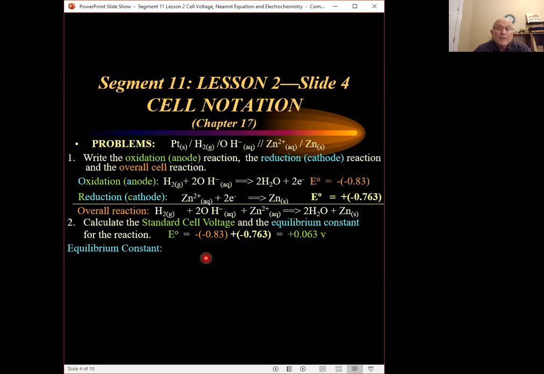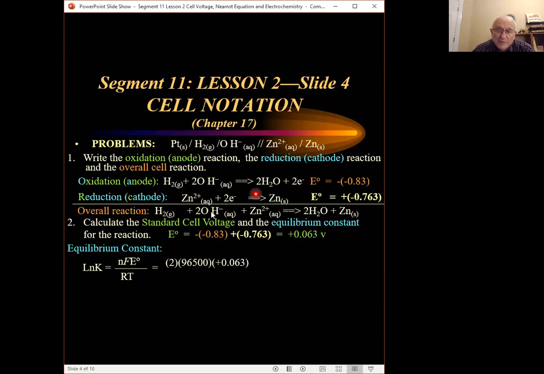Okay. Now, we can calculate the equilibrium constant for this reaction because we know these values. The log of the equilibrium constant, the number of electrons transferred. Now be careful here. We're talking about the equilibrium constant for an overall reaction. So that means we have to have the total number of electrons that was canceled out up here.